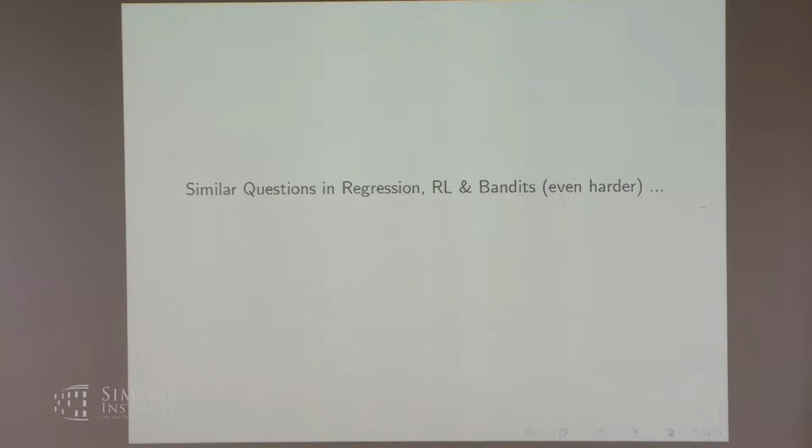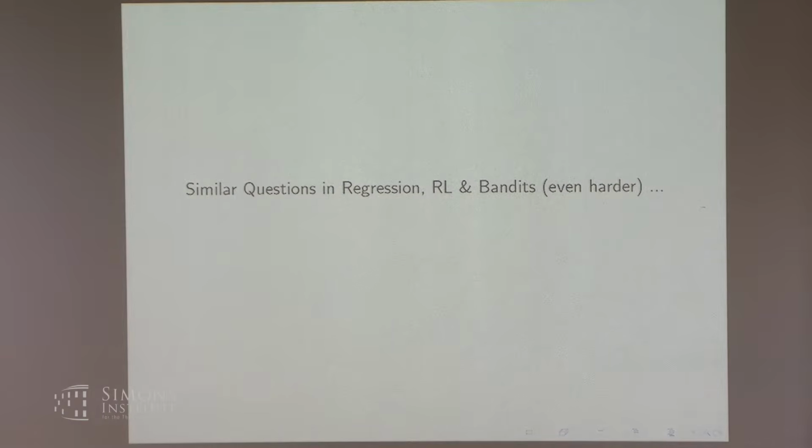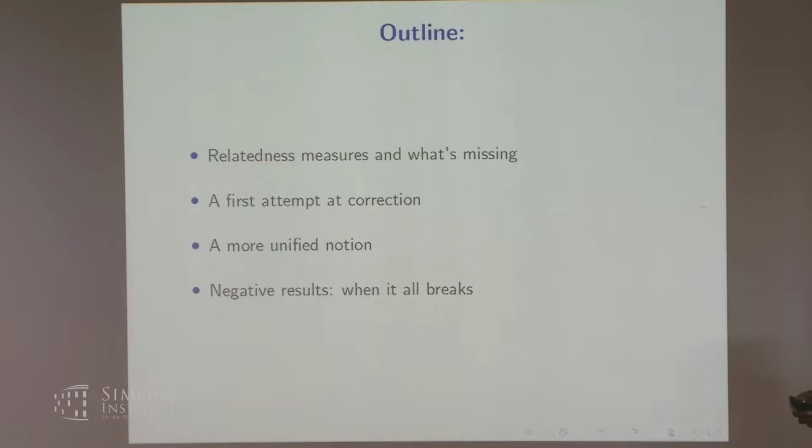So, all right. So we can ask these questions for various other problems. I hope that's clear. Okay, so the outline is the following. I'll start giving you a little bit of background about various relatedness measures that people have looked at in the literature, and also discuss what might be missing from these various measures, the ways people have tried to capture this question.